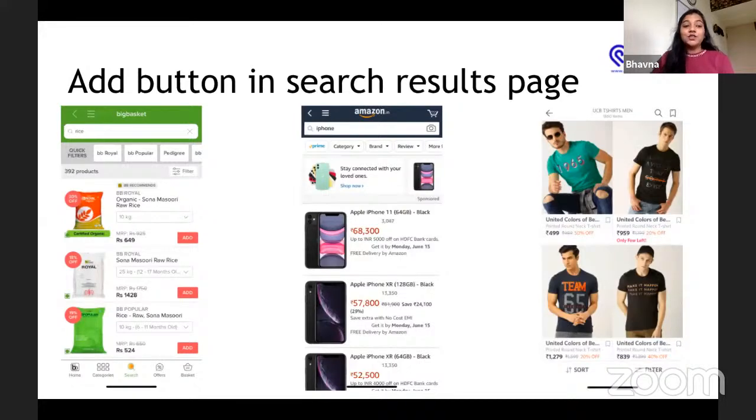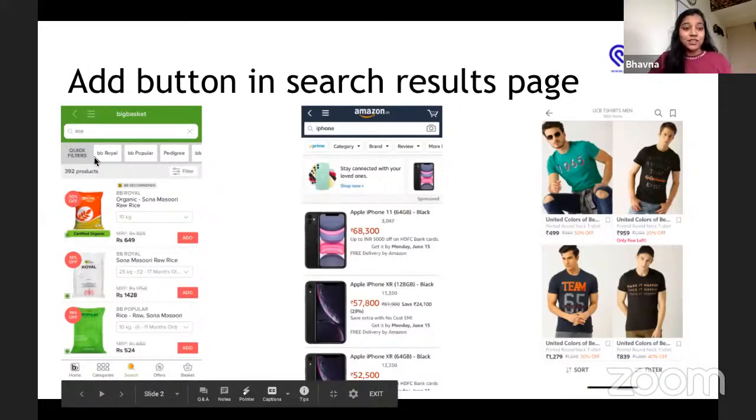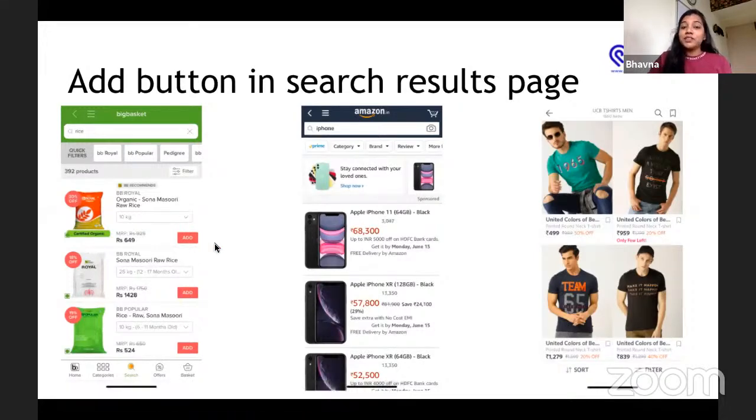If you look at the screenshot on the left, as soon as you search, you will find an add to basket button. And when it comes to grocery business, the main thing is the pack type, whether you need 2 kg rice or 5 kg rice. So all of this information, if you can provide in the search results page itself, it will make sure that the customer can quickly see that major information and add that product to basket.